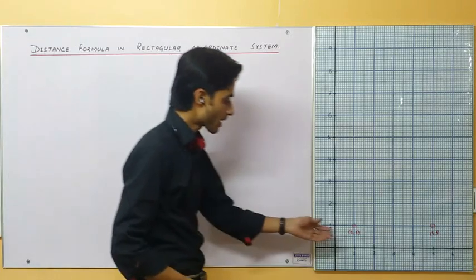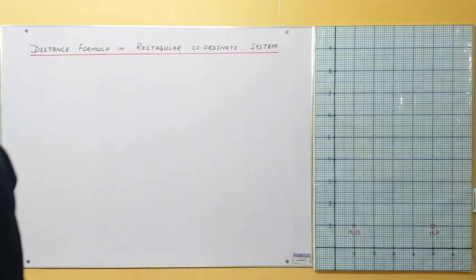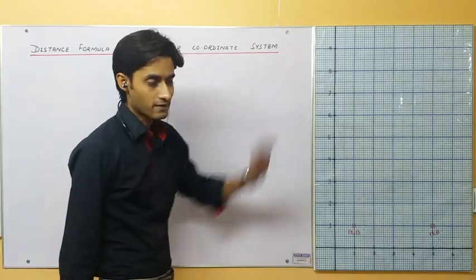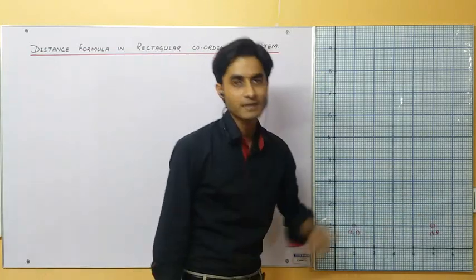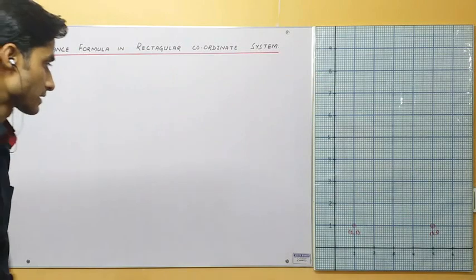First point is 1, 1, and the second point is 5, 1. If you look at these 2 points, you can very easily understand that these points are not changing along y-axis. They are traveling along x-axis, but there is no change in their distance along y-axis.